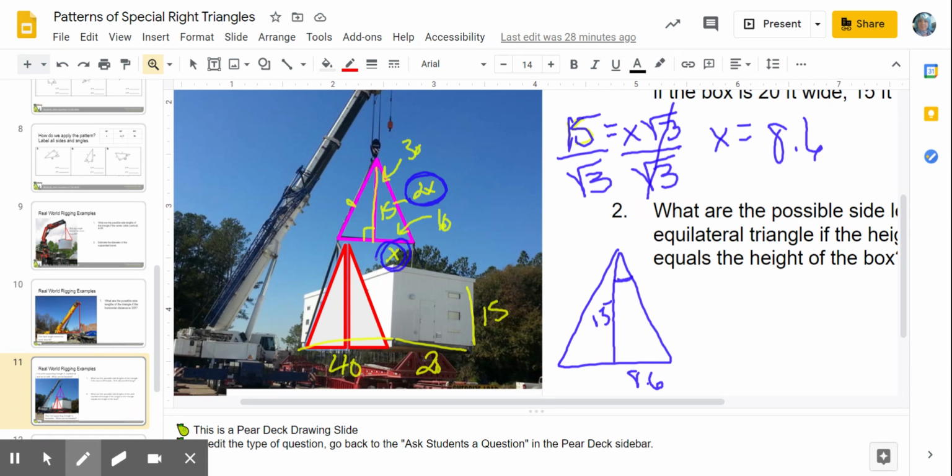Multiply it by 2. So 8.6 times 2 is 17.2. Perfect.